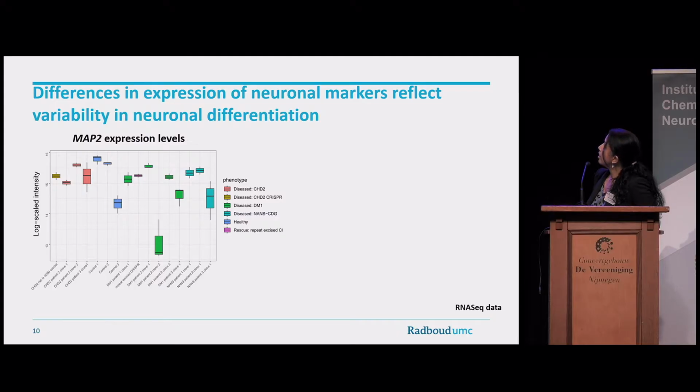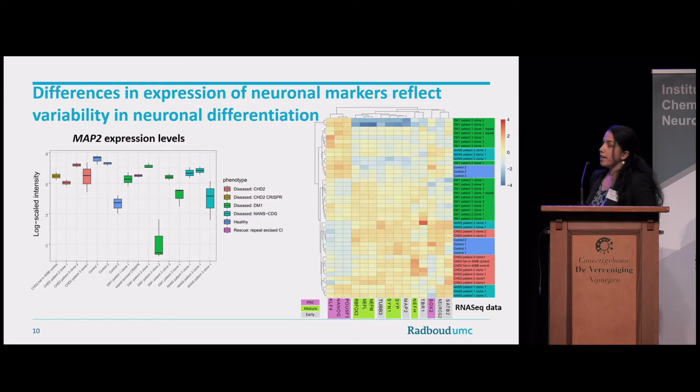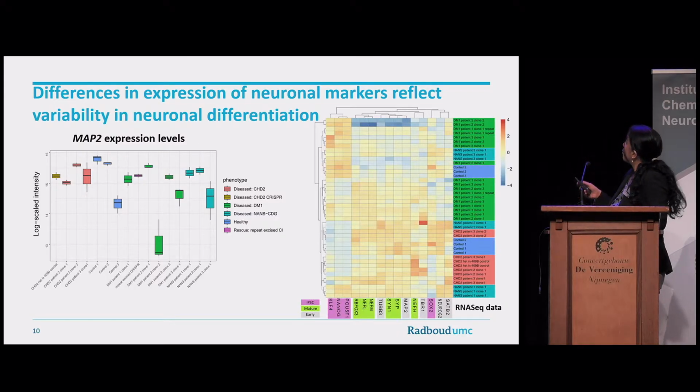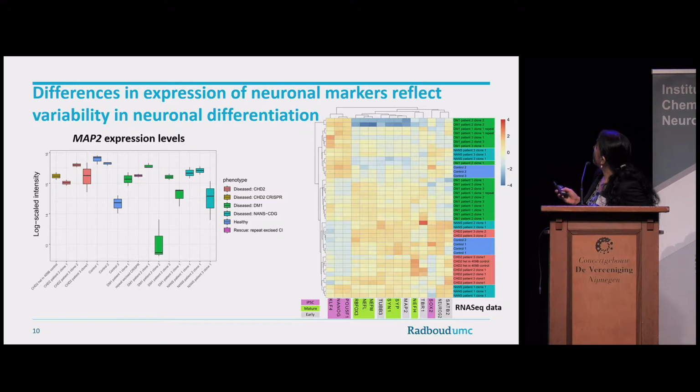On looking at the complete picture, we found that this particular iPSC line, DM1 patient 2 clone 2, is consistently showing lower expression for the mature markers, shown in green, and the early differentiation markers, shown in gray, whereas it has a higher expression level for the pluripotency markers, shown in pink here.